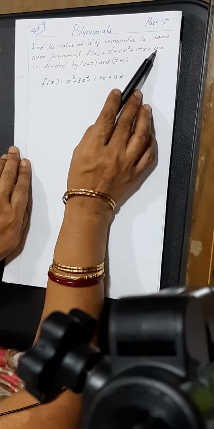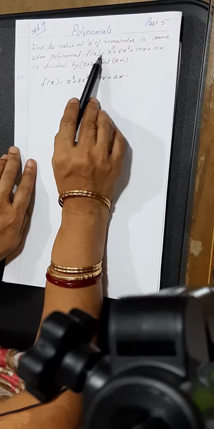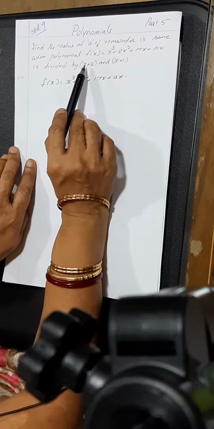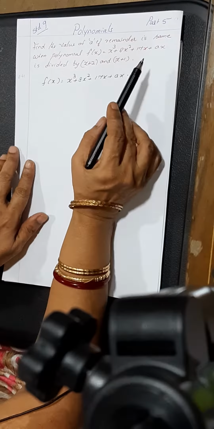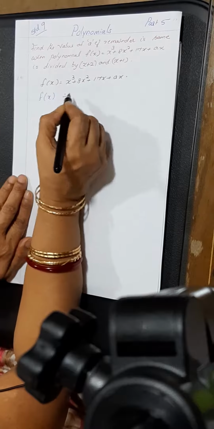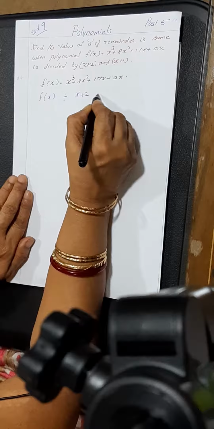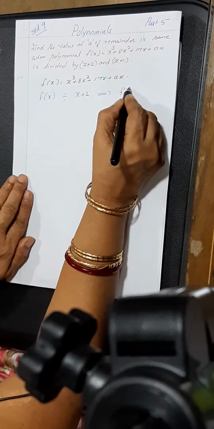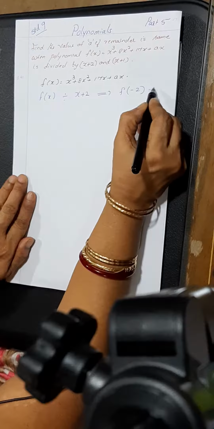So, you have a here. We have to find this value a. It is given this is divided by x plus 2 and x plus 1 and you get the same remainder. So, that means when f of x is divided by x plus 2, f of minus 2 is the remainder.